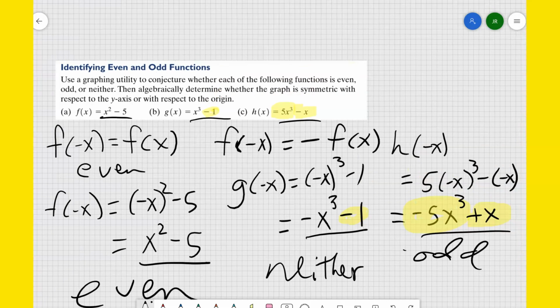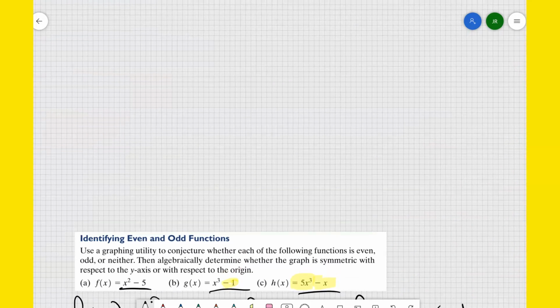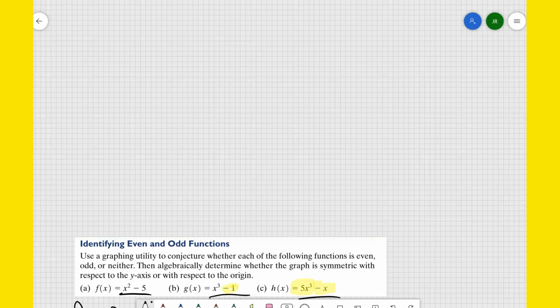Now, there's a shortcut trick to this as well. But I have to teach you something, or at least convince you of something, before the shortcut will be any good. I need to convince you to think of 0 as an even number.